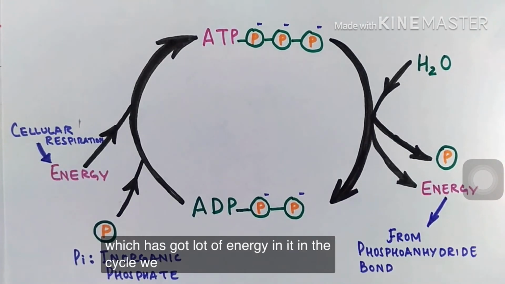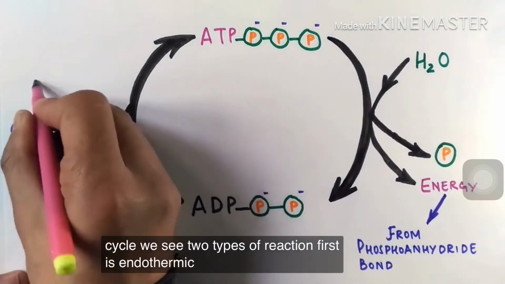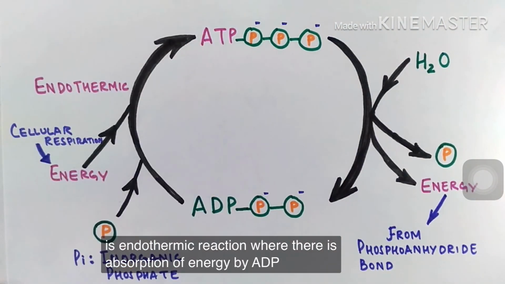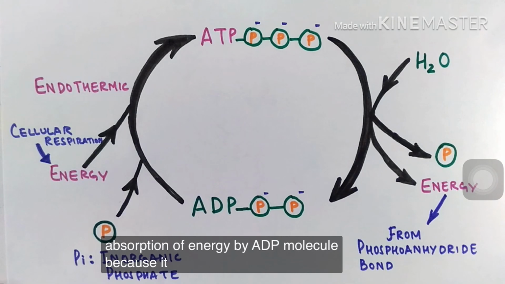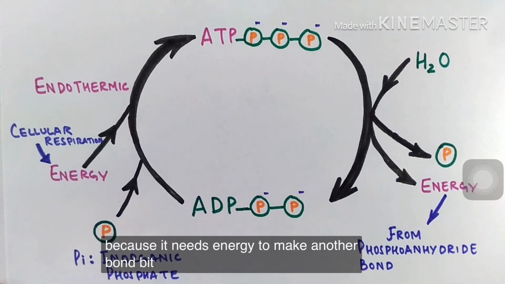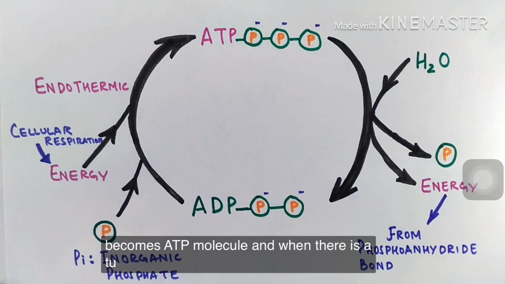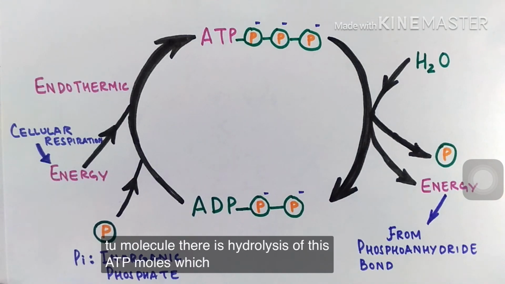In this cycle we see two types of reaction. First is the endothermic reaction, where there is absorption of energy by the ADP molecule, because it needs energy to make another bond with inorganic phosphate so that it becomes an ATP molecule. And when there is hydrolysis of this ATP molecule, it releases energy.